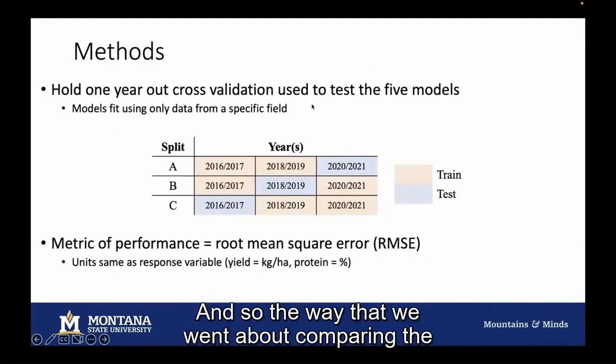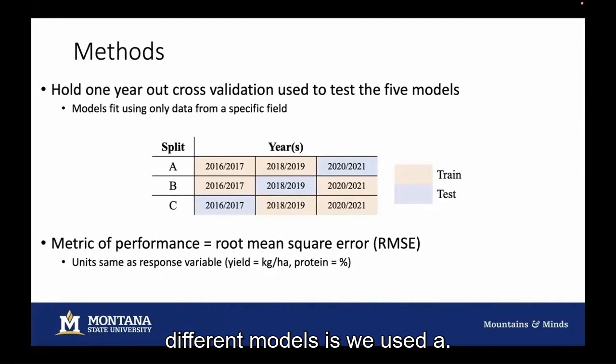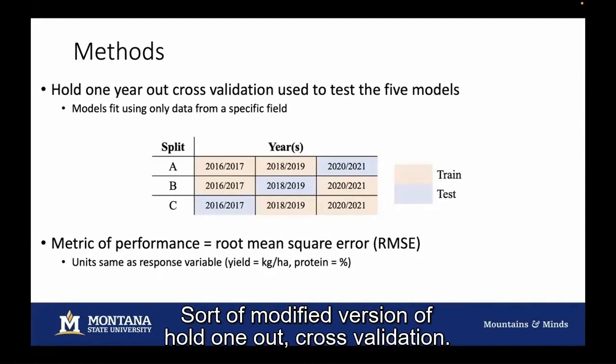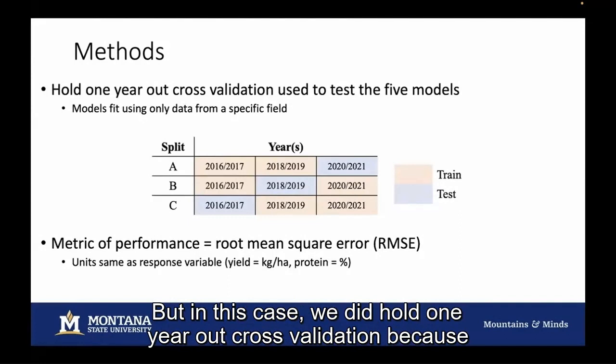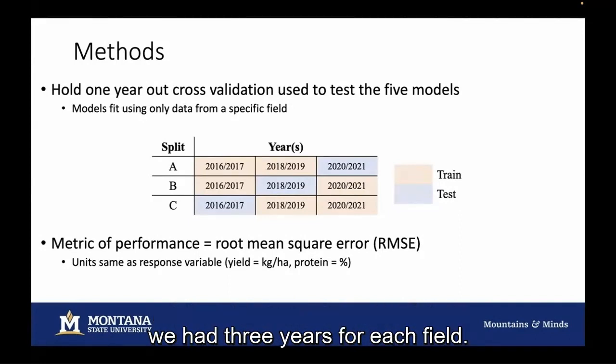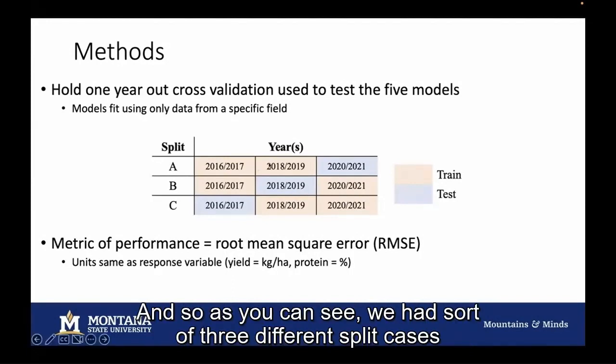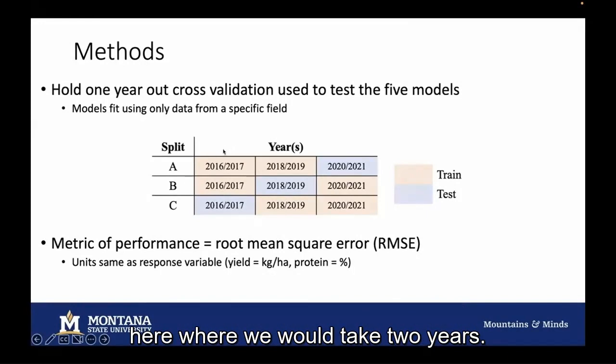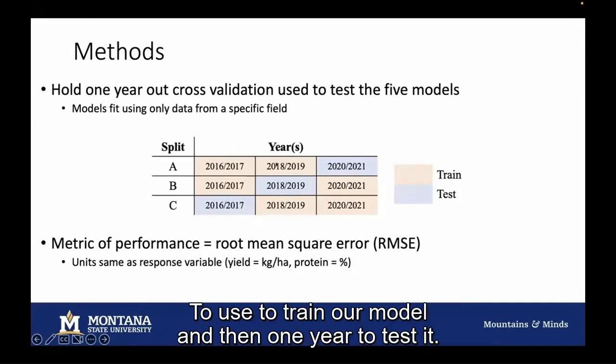And so the way that we went about comparing the different models is we used a modified version of hold-one-out cross validation, but in this case we did hold-1-year-out cross validation because we had 3 years for each field. As you can see, we had 3 different split cases here where we would take 2 years to train our model and then 1 year to test it.